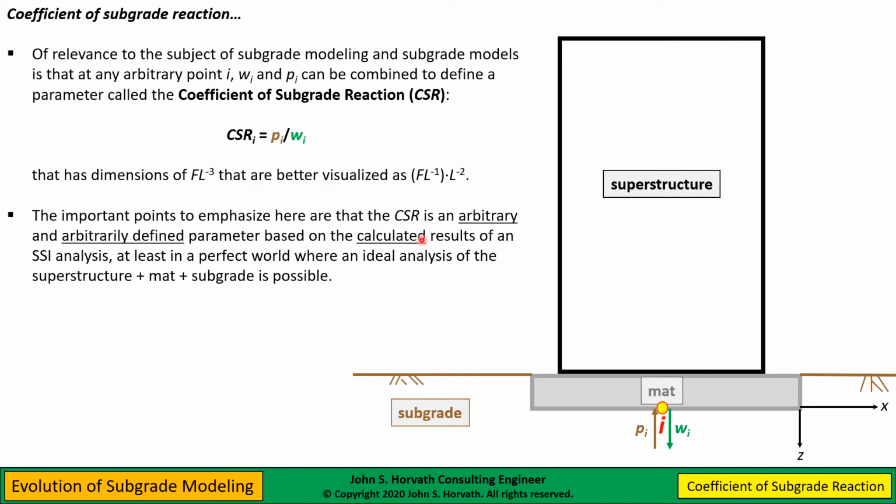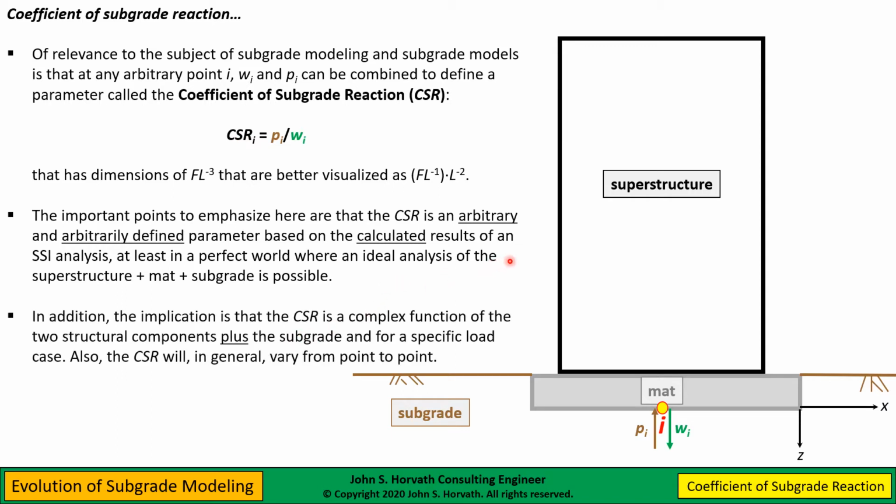And again, I emphasize these are calculated results. At least in this perfect world where I'm analyzing superstructure, mat, and subgrade together, this coefficient of subgrade reaction, if I felt compelled to define it, would be easy. These are both calculations, so this is just the calculated result of calculated results.